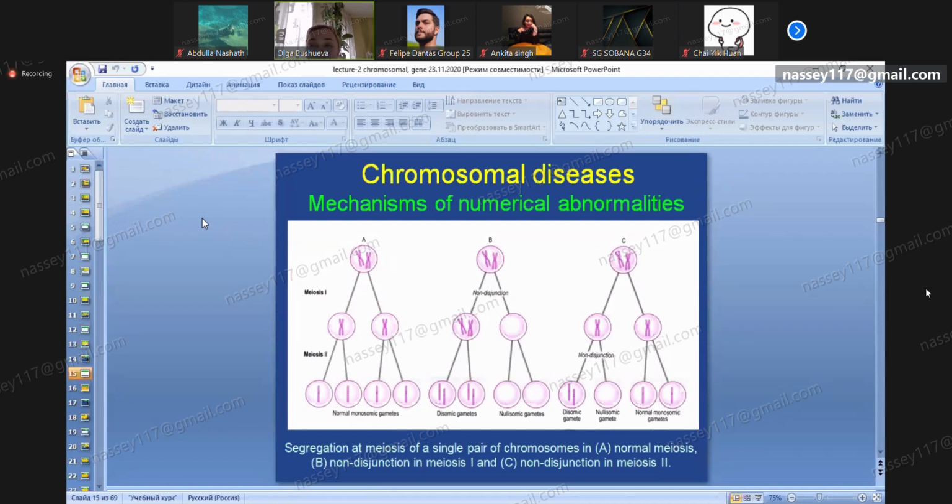Basic mechanisms of numerical abnormalities of chromosomes are associated with different mistakes in meiosis 1 and meiosis 2.